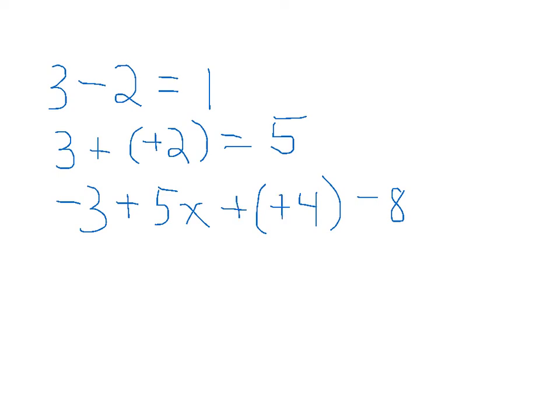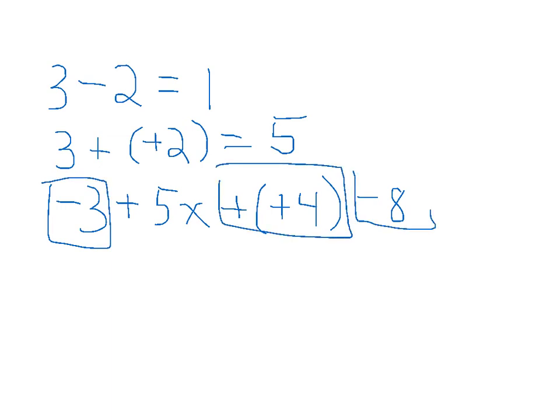I could slash and dash the -8, but in some ways it's easier just to box all the things that are the same and put the sign in front of them, and understand that this means I'm putting together -3, +4, and -8, giving me a total of -7. So the answer to this is 5x minus 7.